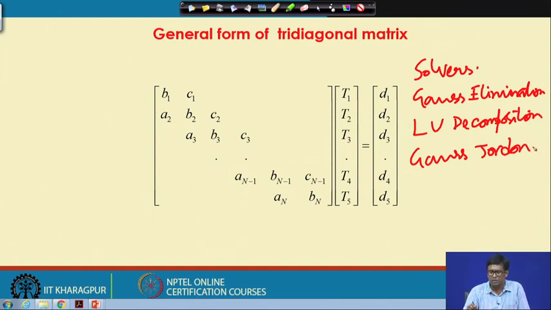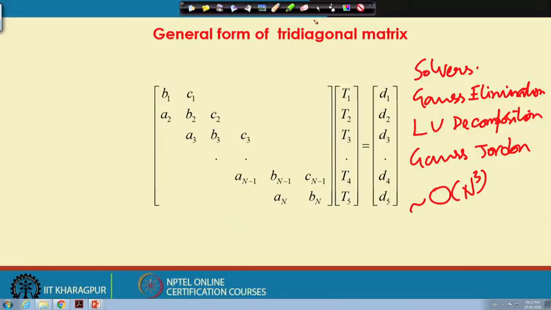For all these solvers, Gauss elimination, Gauss-Jordan, and also the decomposition in LU decomposition, the number of operations for solving the matrix is of the order of n cube. So if we have a 10,000 row matrix, the number of operations will be 10 to the power 12, which is quite high.